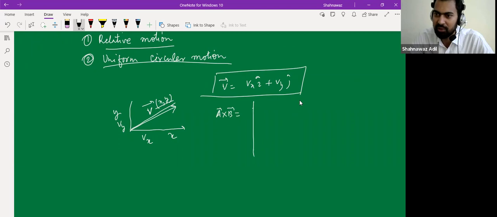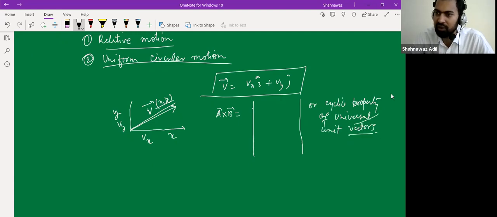We used some determinant method or the cyclic property of the universal unit vectors, right? So your universal unit vectors were what? i and j. And if you have a 3D motion, then i, j, and k were the universal unit vectors, right?